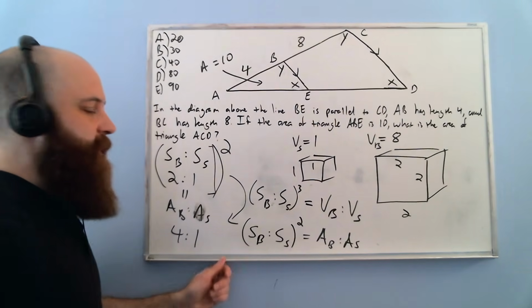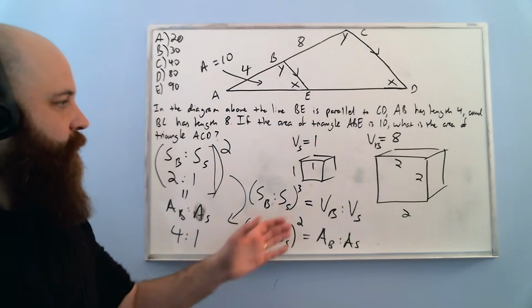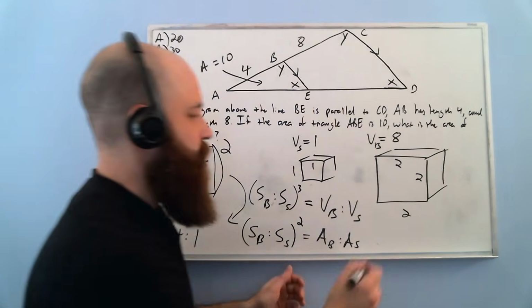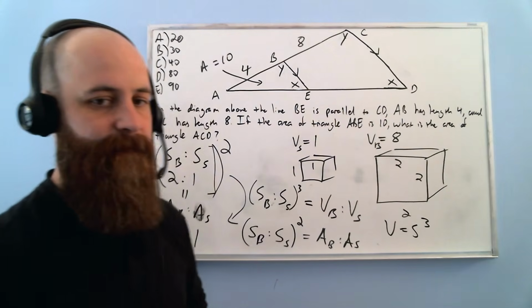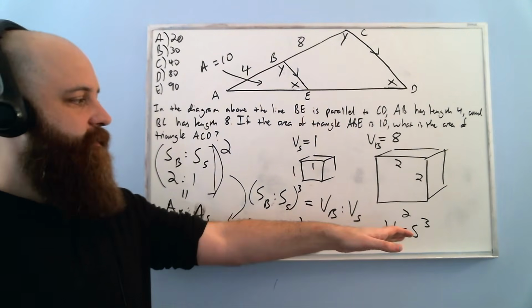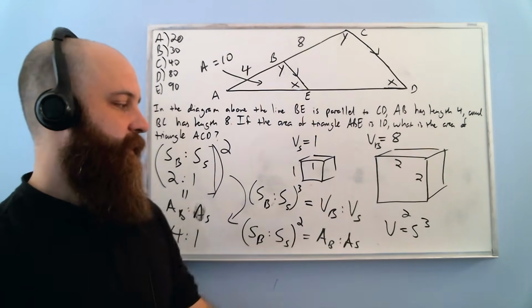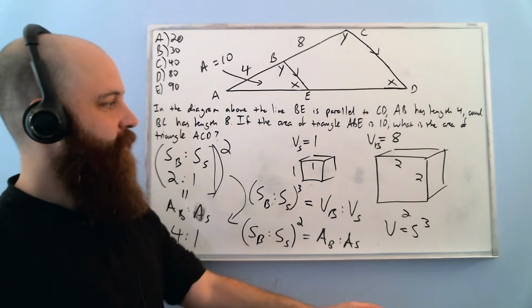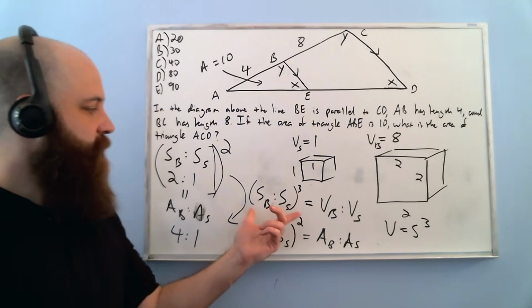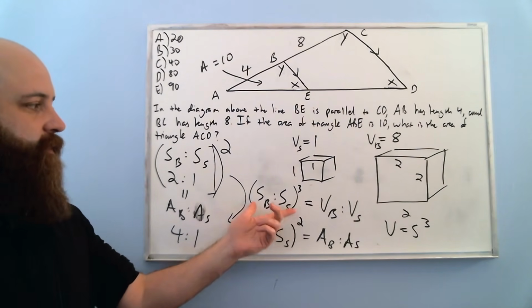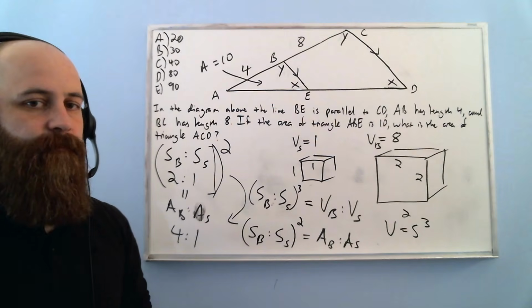Does that make sense? Well, keep in mind the volume formula is side cubed. That's how we got a volume of 8. So if each of those sides is doubled, and you multiply the sides together 3 times, well, 2 times 2 times 2 gets multiplied overall by 8. So whatever that ratio is of the side lengths, you cube it to get the ratio of the volumes.